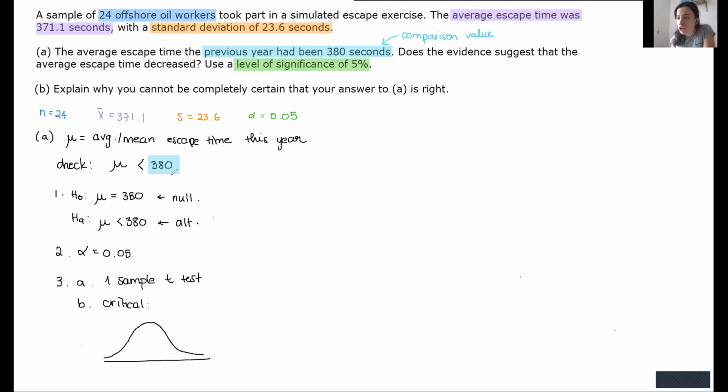I'm trying to show that the mean is smaller than 380, so that means the left-hand side. If I'm trying to show that it's on the left-hand side, then my critical value has to be on the left-hand side as well. So it has to be a number over here that splits the extreme 5% from the rest, the usual 95%.